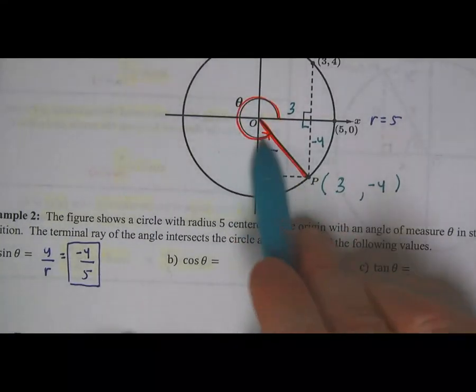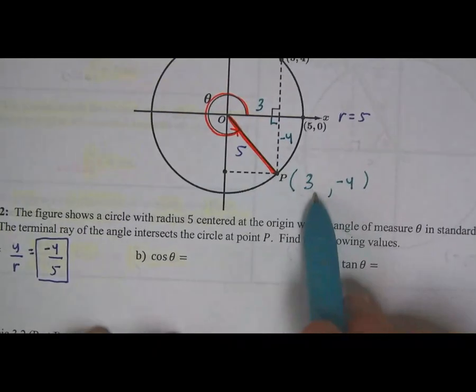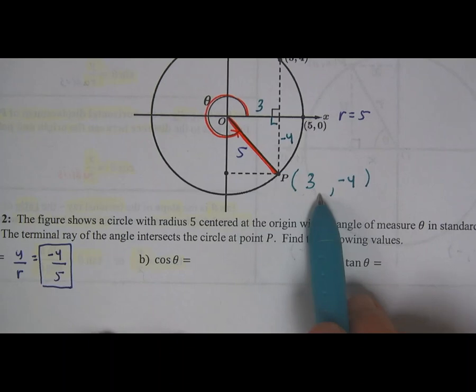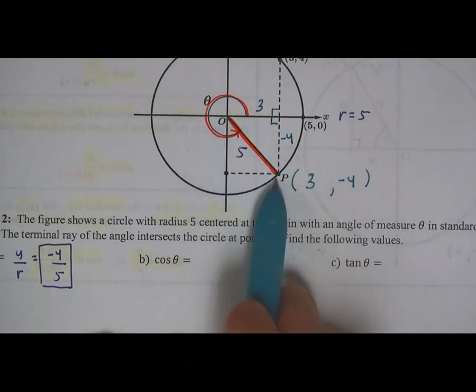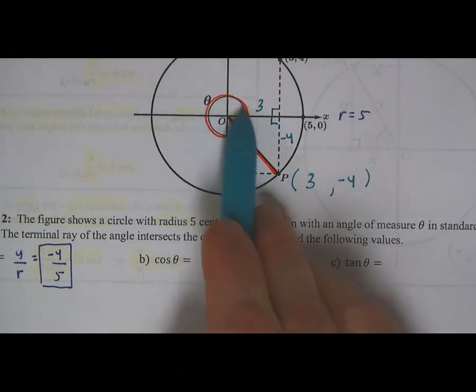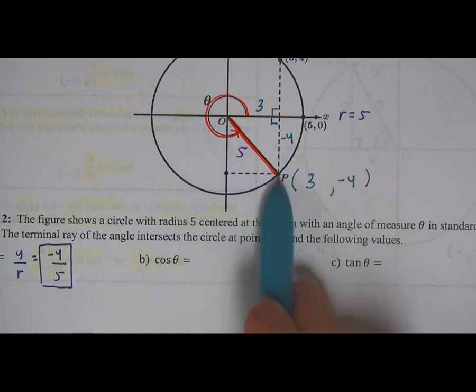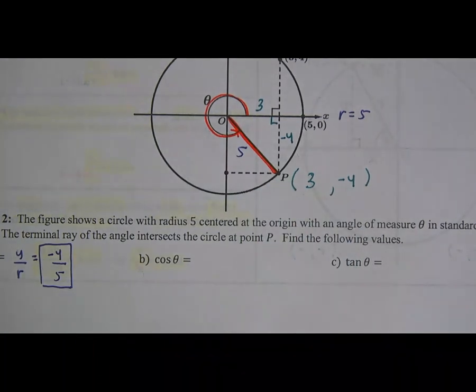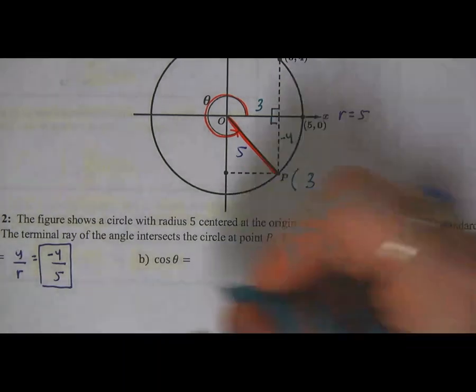Cosine of this angle has everything to do with the ordered pair where the terminal ray intersects the circle. If we're trying to find sine or cosine or tangent of an angle, it has everything to do with the ordered pair of where that intersects the circle. Cosine of theta on page 1 says x over r.